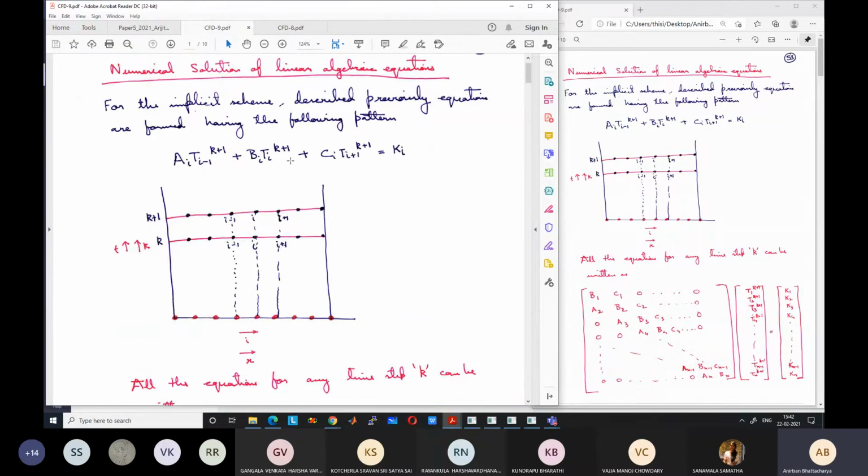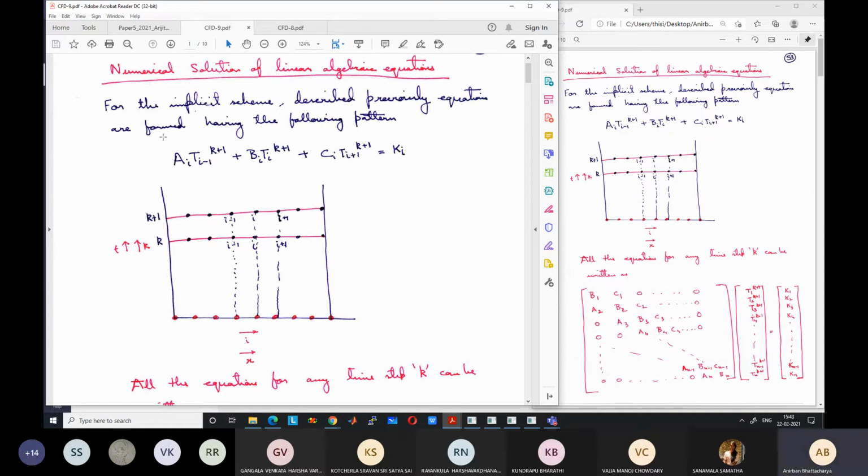Because we are discretizing for the ith grid point, all the coefficients are written with the subscript I. The coefficient of Ti minus 1 is Ai, the coefficient of Ti is Bi, and the coefficient of Ti plus 1 is Ci. And Ki is all the other known terms together. This is the general form of the equation.